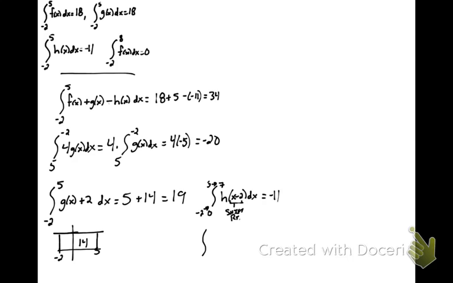In the same way, if we saw something like the integral from -4 to 3 of g of x plus 2, well, all this is the function g shifted left 2.